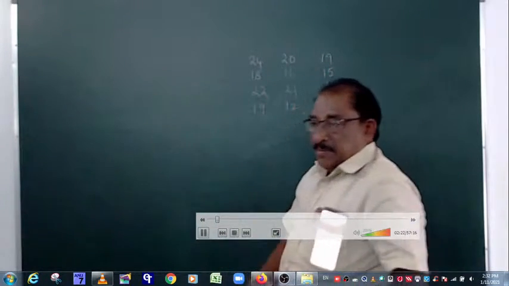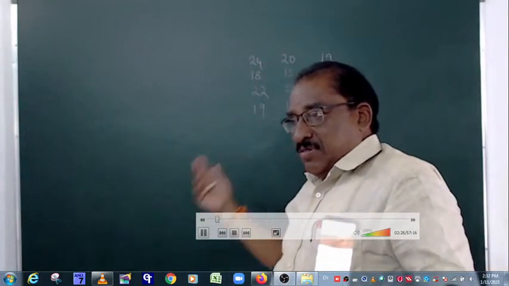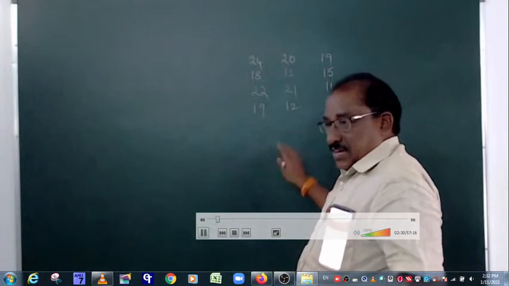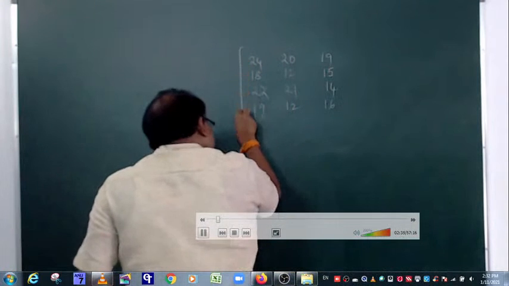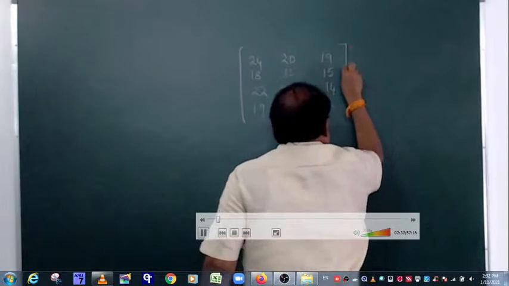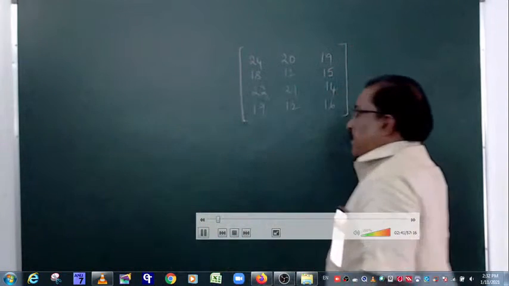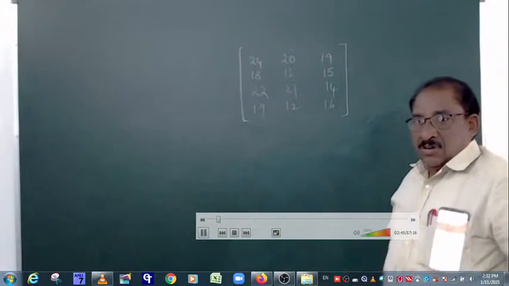These are the numbers. Numbers may be real numbers, integers, whatever they may be. On the blackboard, they are numbers. I put square brackets here. So remember that.